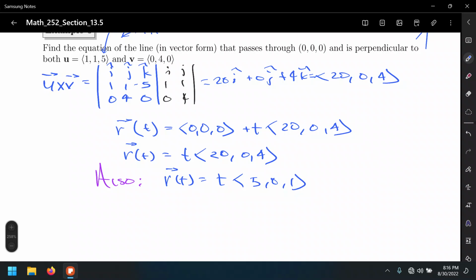So it doesn't matter, the line will go in the same direction, 20, 0, and 4. It goes in the same direction as the vector 5, 0, and 1, because ultimately this vector is 4 times the reduced vector. So it doesn't matter if we write this as a final answer or the other answer.